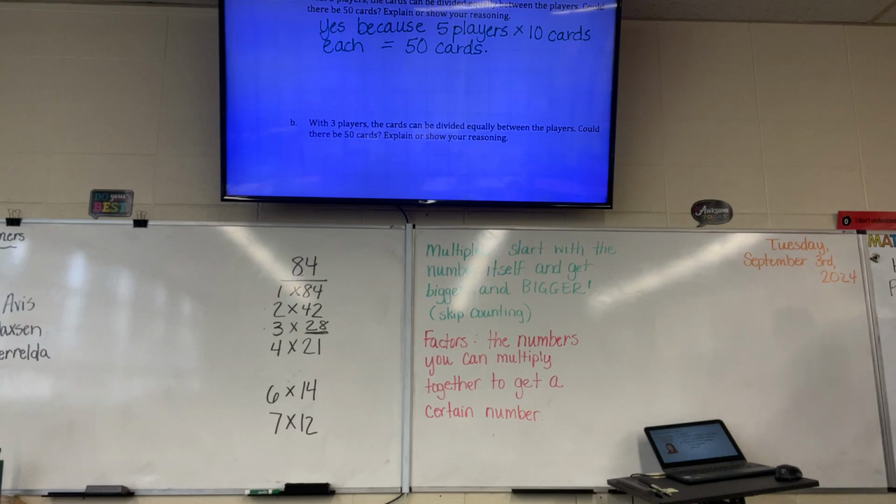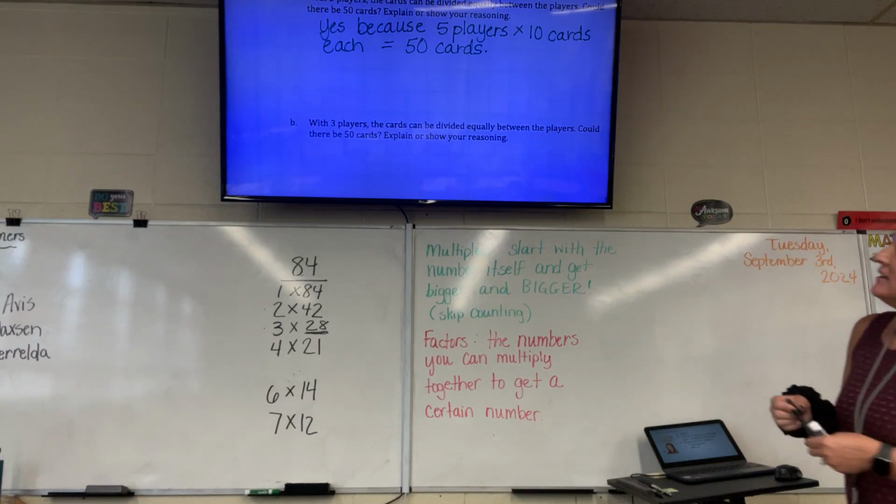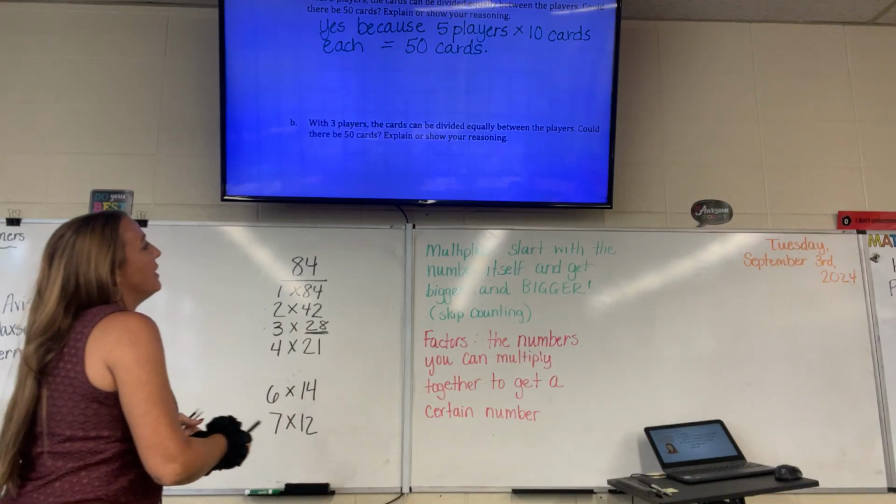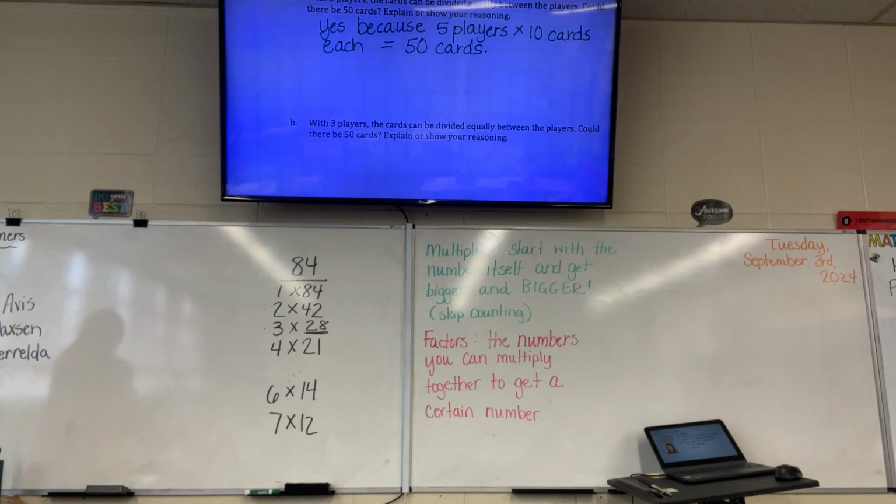So 45 plus 3, 48. 48 plus 3, 51. So there cannot be 50 cards if 3 players can split them evenly, because 50 is not a multiple of 3.